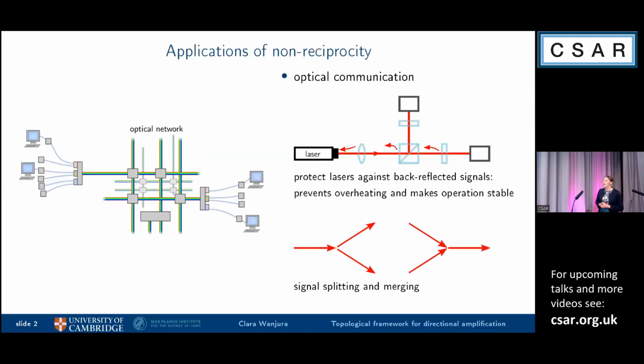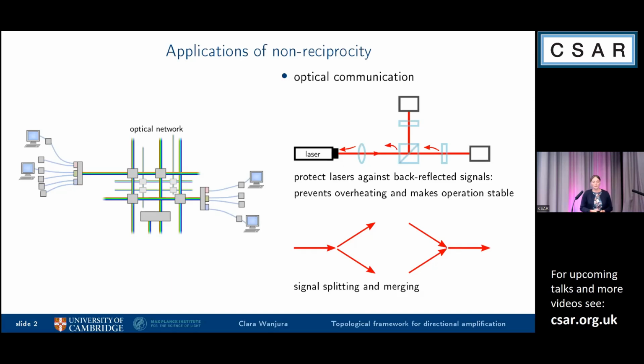As I'm sure you are aware, much of our internet communication works through an optical network. And for this, it is important to route these signals in a network of optical fibers without the signals straying from one fiber to the other. So it is important that signal splitting and merging works in a clean way.